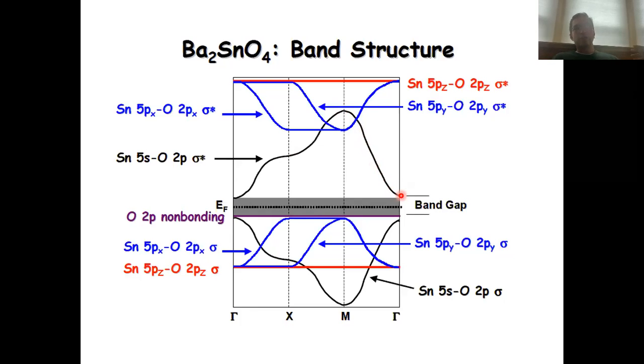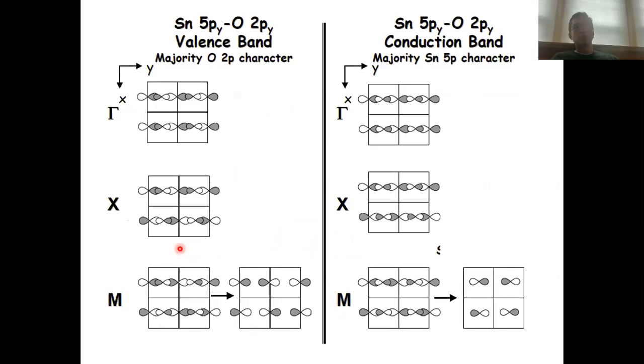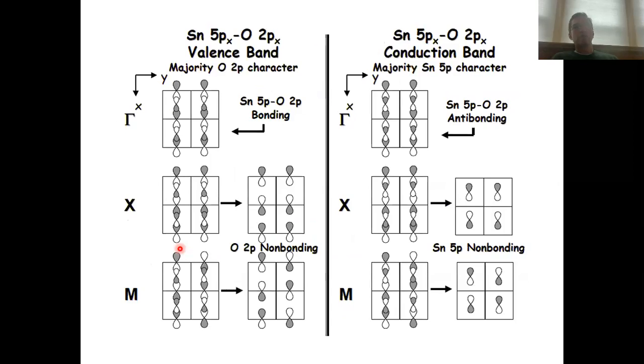We can next look at the interactions of px of tin with px of oxygen. Okay, let us go back and see what the character of the crystal orbitals was at the different points, lambda, chi, and m.